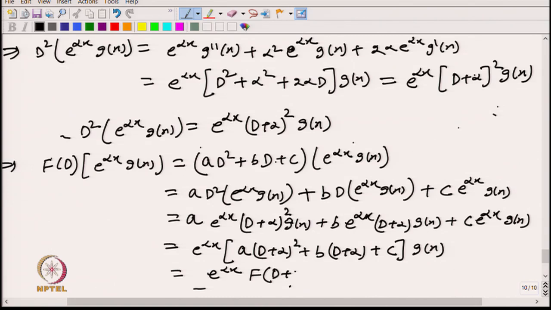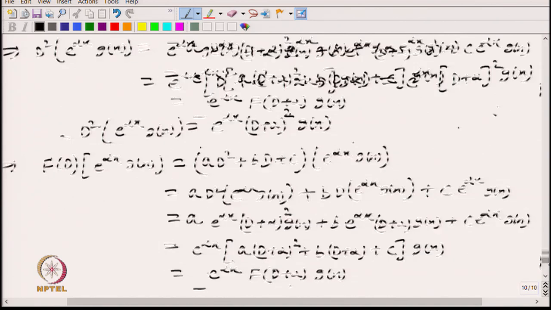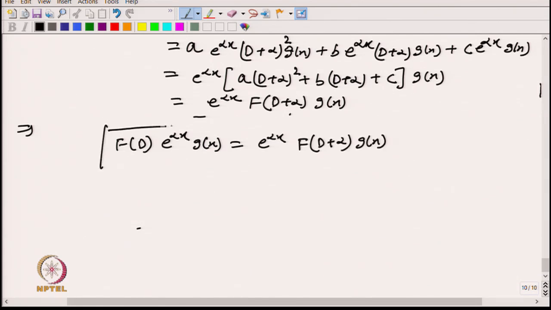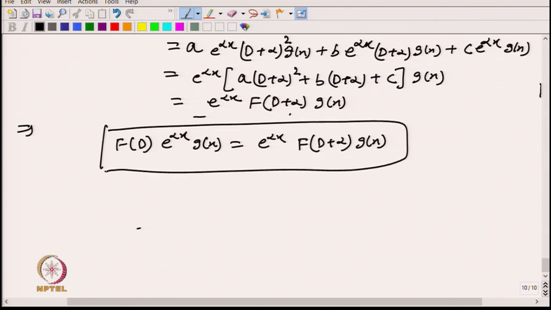So, it will be f of d plus alpha operating on the function g x. So, from here f d e alpha x g x can be written as e alpha x f of d plus alpha g x. This terminology we can keep in our mind.